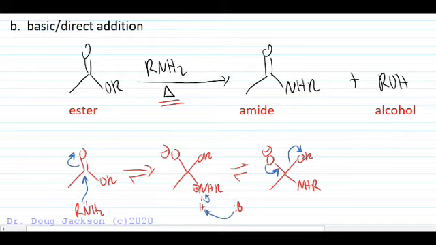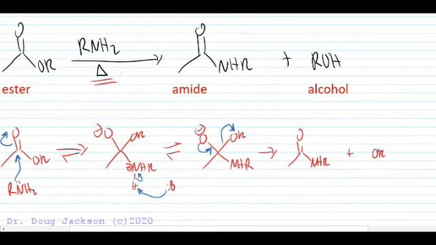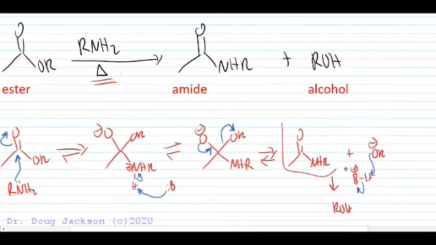So heating this up more pushes this step along. And the alkoxide can then react with a base from solution that has that extra proton to irreversibly form your alcohol, thereby locking in your amide.